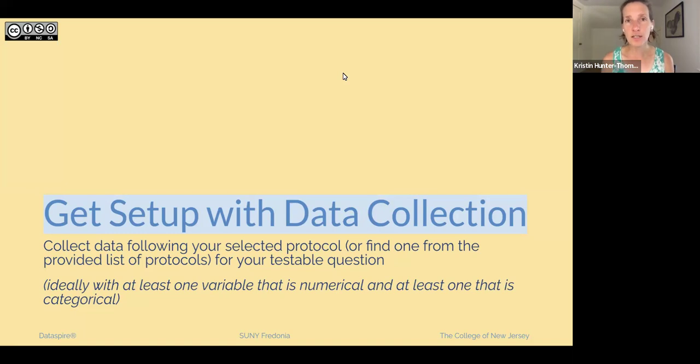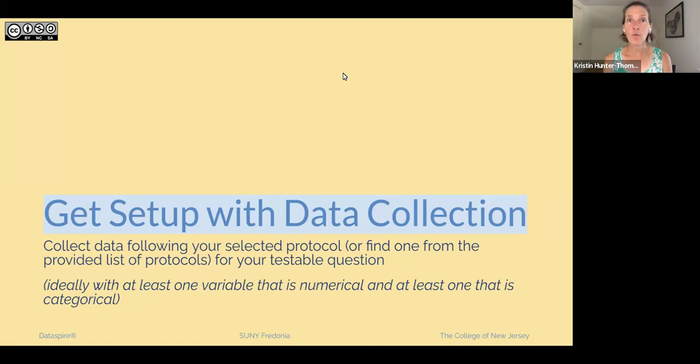So that's where our testable question comes in. A testable question is something we can actually investigate or explore with data. Non-testable question: why is the sun yellow? Well, we can Google that. Or why are Fruit Loops the colors that they are? We can Google that.